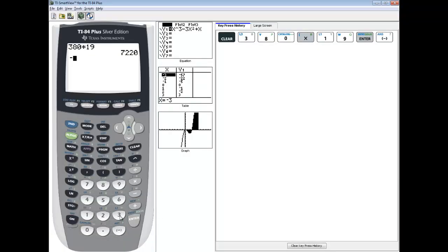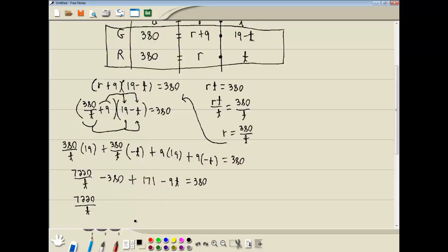So we got negative 380 plus 171 gives us negative 209 minus 9t equals 380. Now I'm going to go ahead and bring that 380 over.